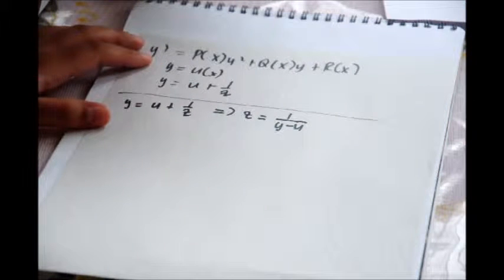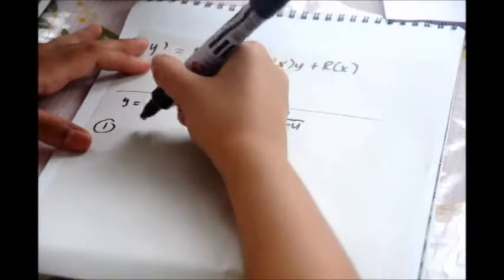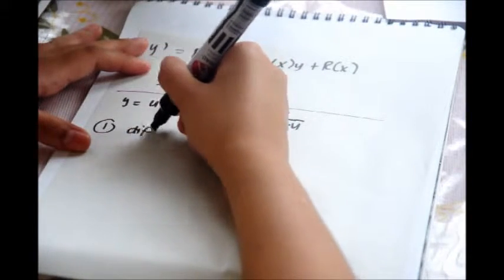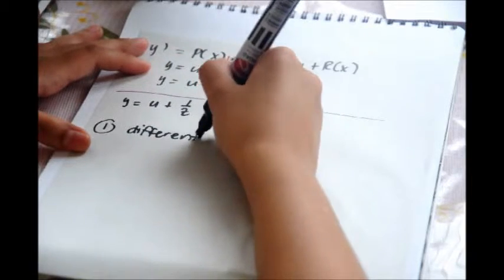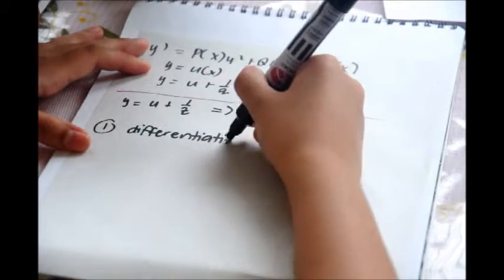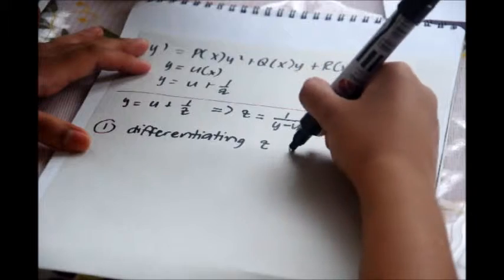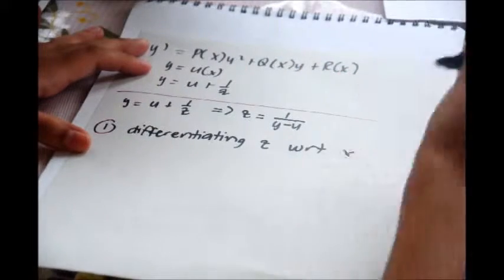One can show the Riccati equation is a linear first-order equation by, first, this is the first step, differentiating z with respect to x.